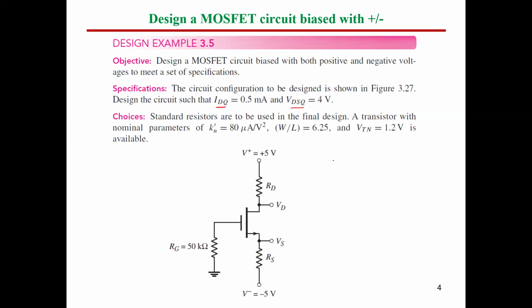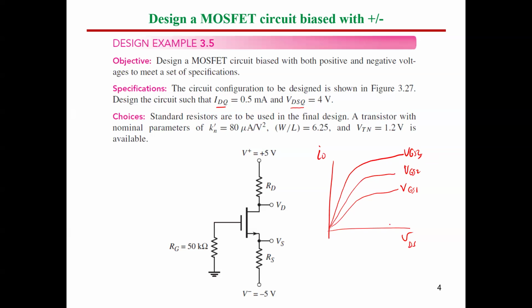parameters, which means by the end, if this is my characteristic, this is I drain, this is V drain to source, and this is, for instance, the characteristic at different VGS, VGS1, VGS2, VGS3, and so on. So many characteristics we have, and this is what you can see in the datasheet. And then you need to achieve a certain operating point with V drain to source and I drain.